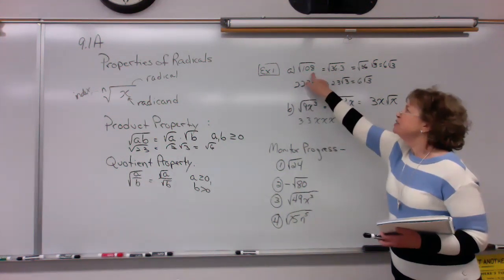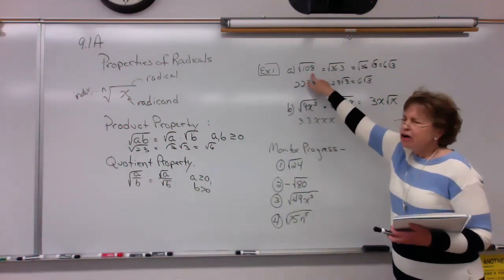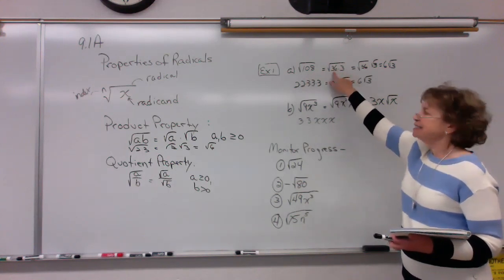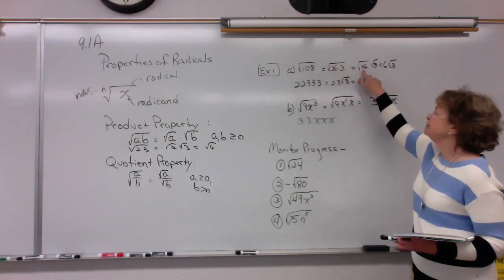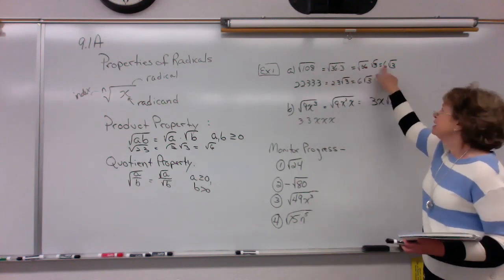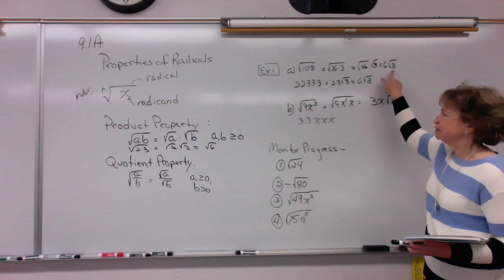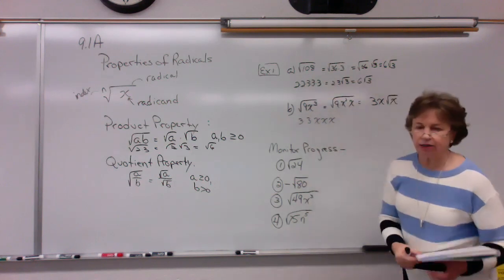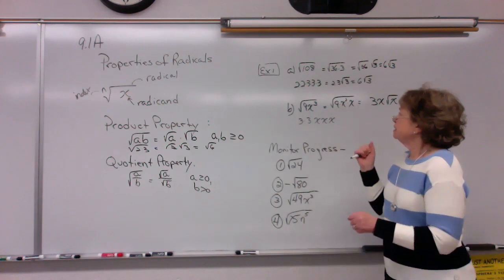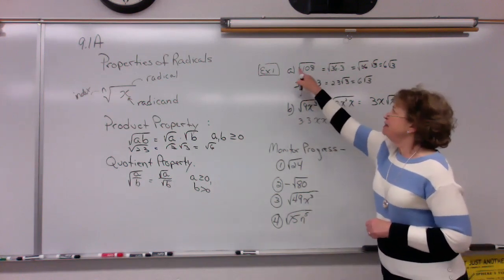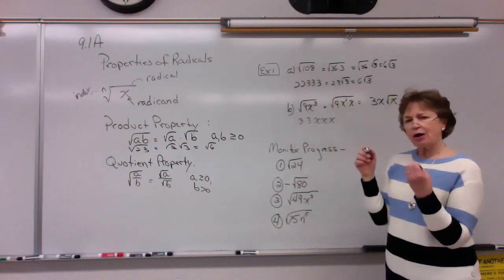So if I'm thinking of 108, and I think hard, I know that that's 36 times 3. 36 is a perfect square, so when I think of square root of 36, right away I think of 6, and then the square root of 3 is what's left, so 6 root 3. The way you probably started learning these in pre-algebra was to do the prime factorization. And then whatever this index is, that's how I'm trying to group them.